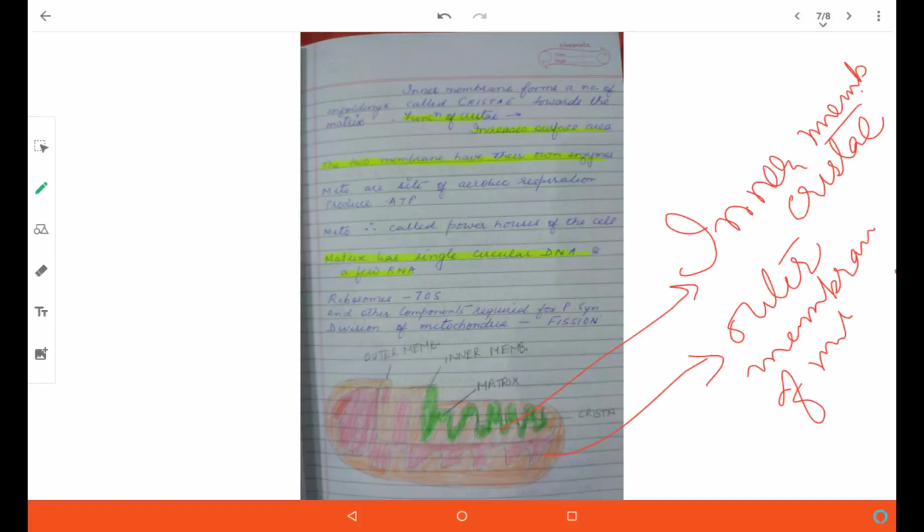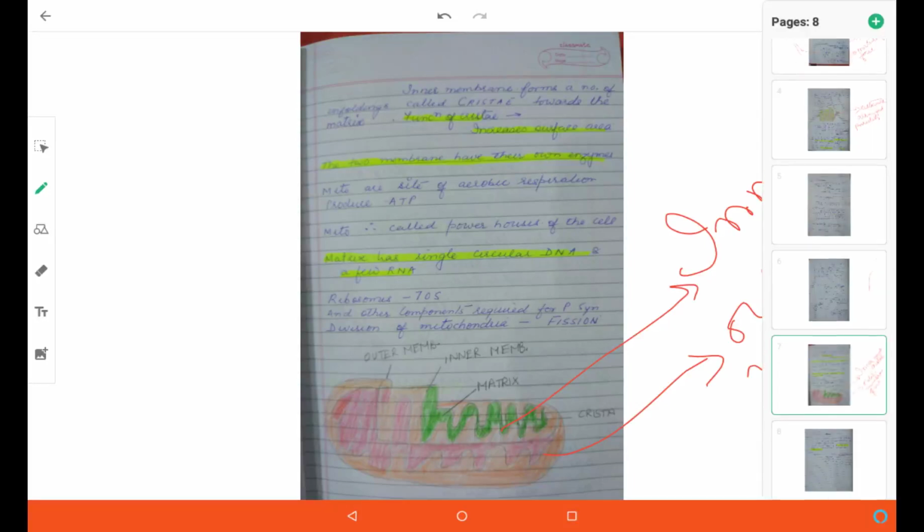Because I've told you in earlier lectures that mitochondria arose from endosymbiotic association of bacteria with eukaryotes, and bacteria are prokaryotes, and they have 70S type of ribosomes. Now, how do mitochondria divide in the cell and get apportioned into daughter cells? It is by fission.